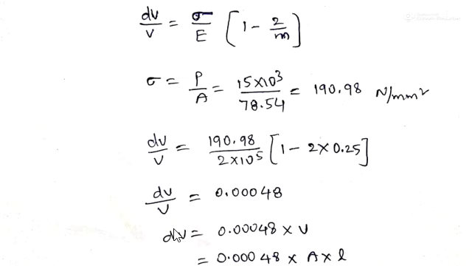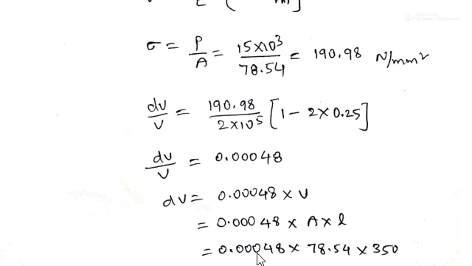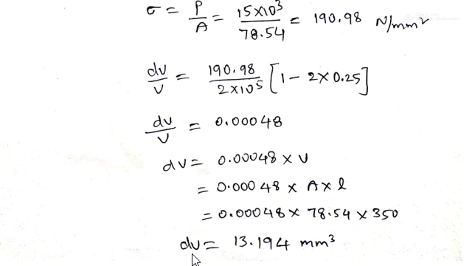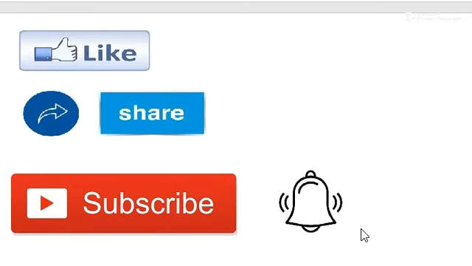Or if you require change in volume, delta V or dV, it is 0.00048 into V, where V is nothing but the volume of this bar, that we can write area into length. Area we calculated in the first step, that is 78.54 mm square, and L is given 350 mm. So when you substitute those values and simplify, we are getting change in volume delta V or dV as 13.194 mm cube.